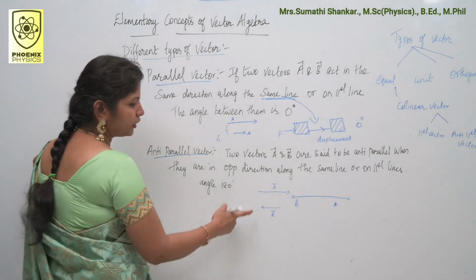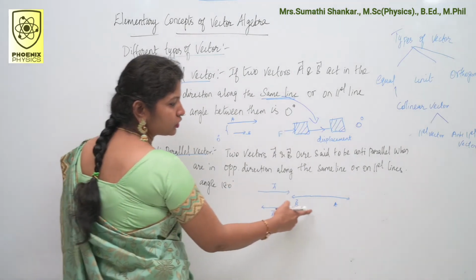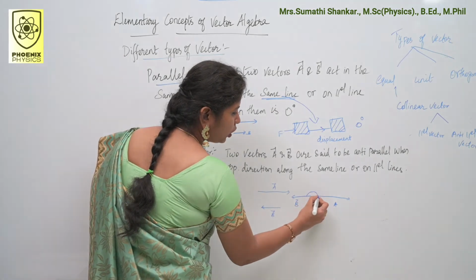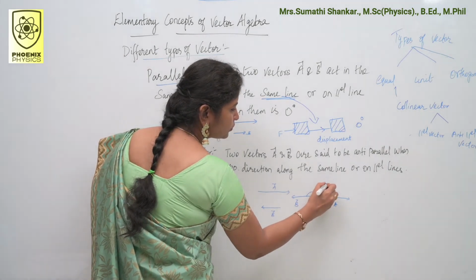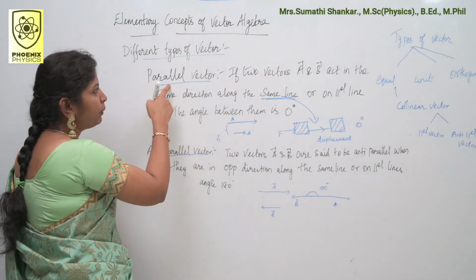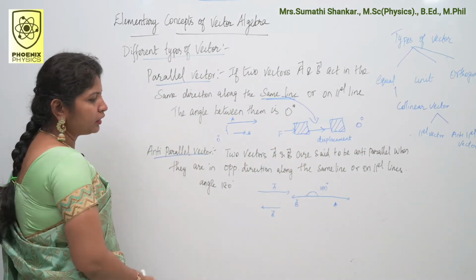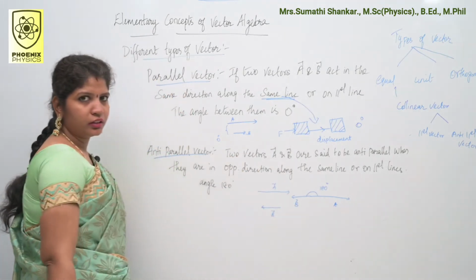This is parallel line example, this is same line example. Here the angle between them is 180 degree. If it is parallel vector means the angle is 0 degree. If it is anti-parallel vector means the angle is 180 degree.